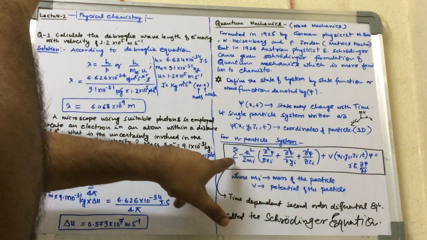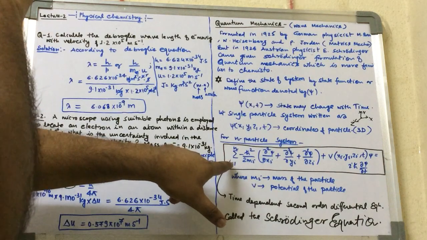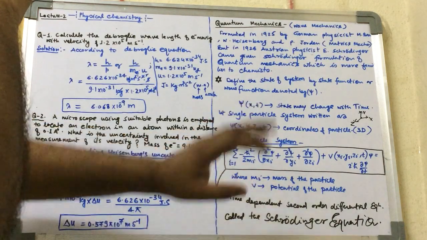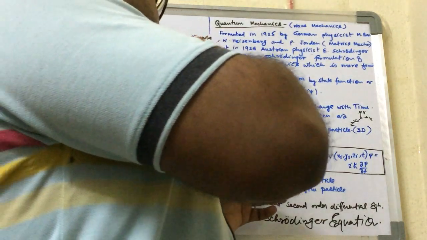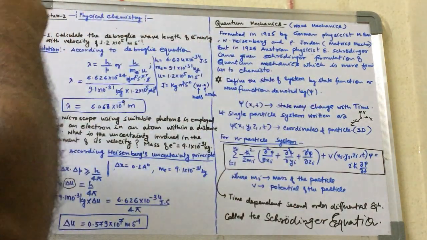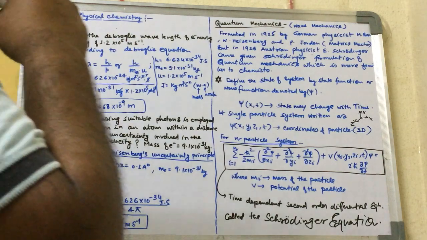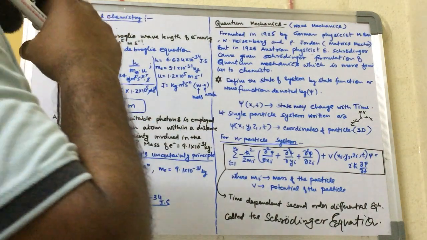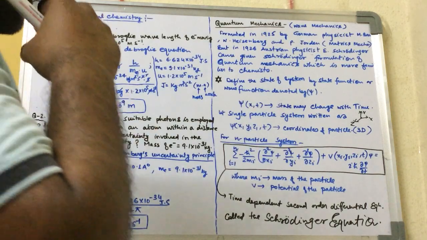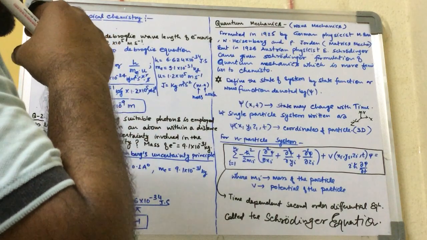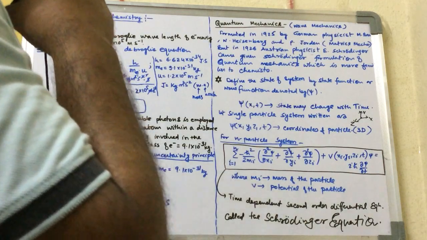So summation from i equal to 1 to n particles, or n systems.